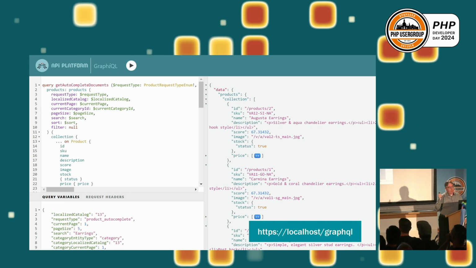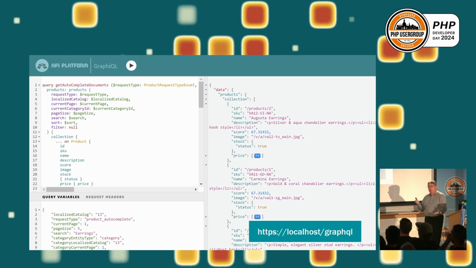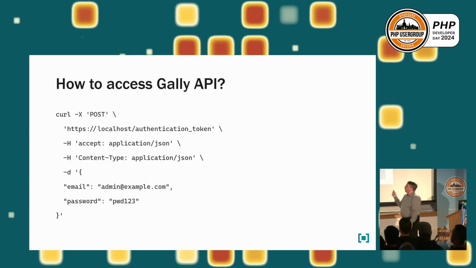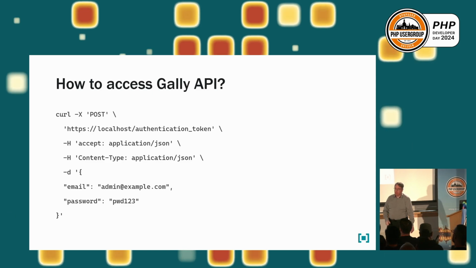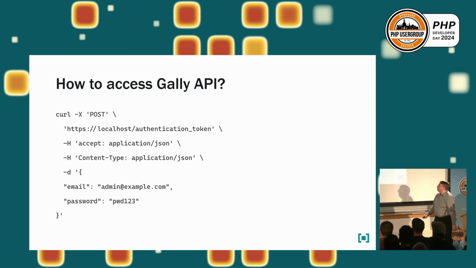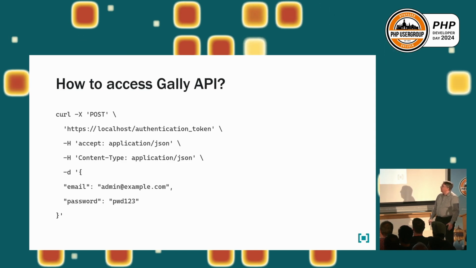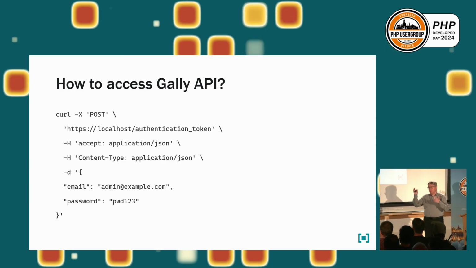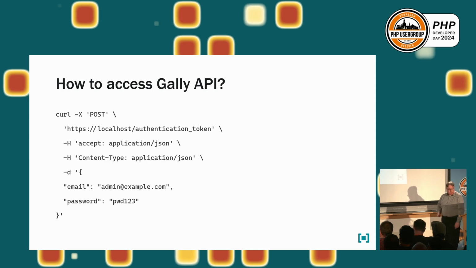So how do I access the Galley API? Well, first of all, you can go old school, the curl way. Totally easy, hit the right endpoint, set the accept header, set the content type, and just post stuff, and you're good to go.